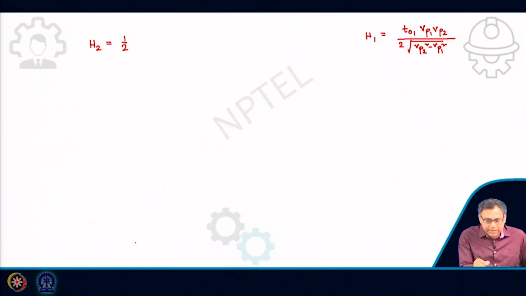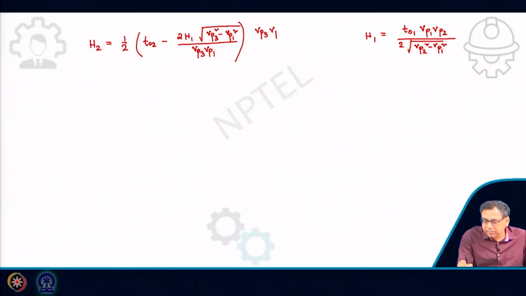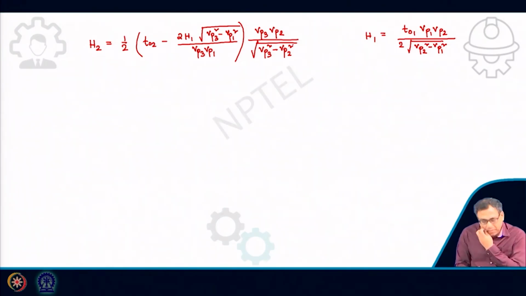Then H2 is half of T02 minus 2H1 root over Vp3 square minus Vp1 square divided by Vp3 Vp1, then divided by Vp3 Vp2 root over Vp3 square minus Vp2 square. Okay, so I will get this equation also.